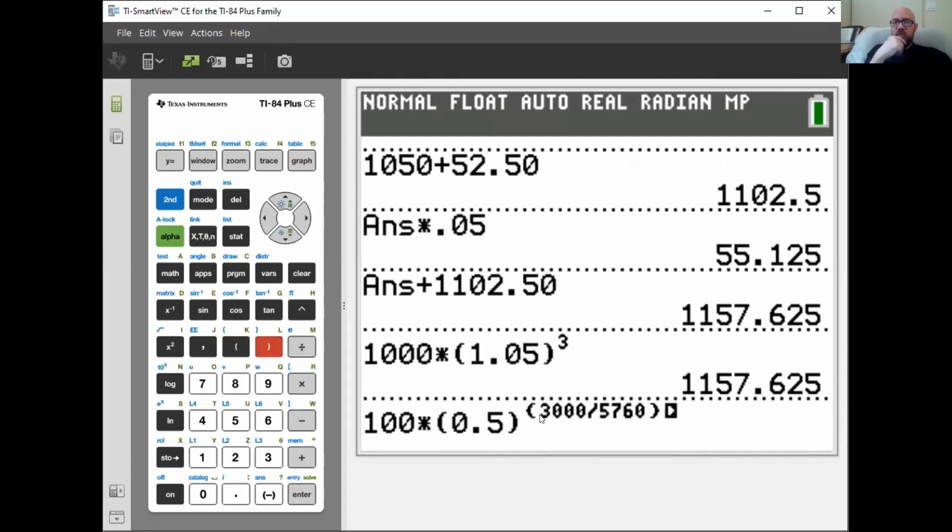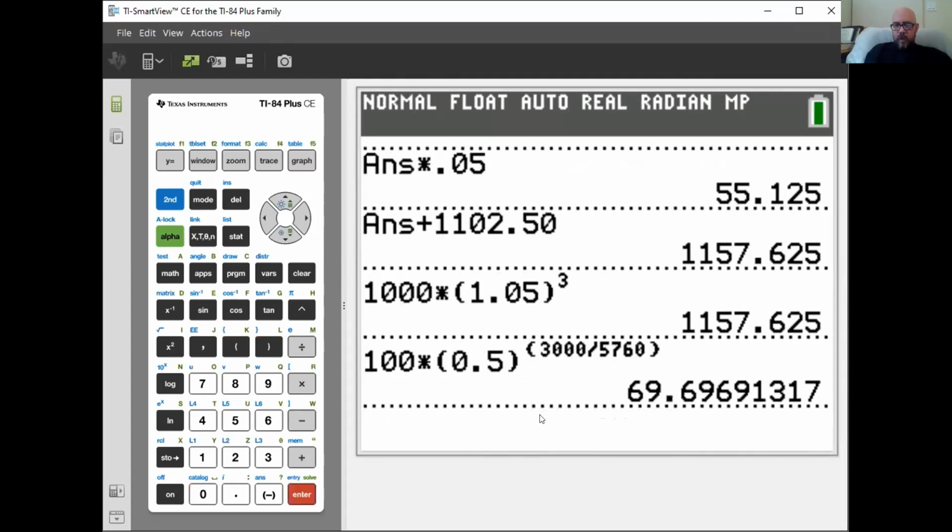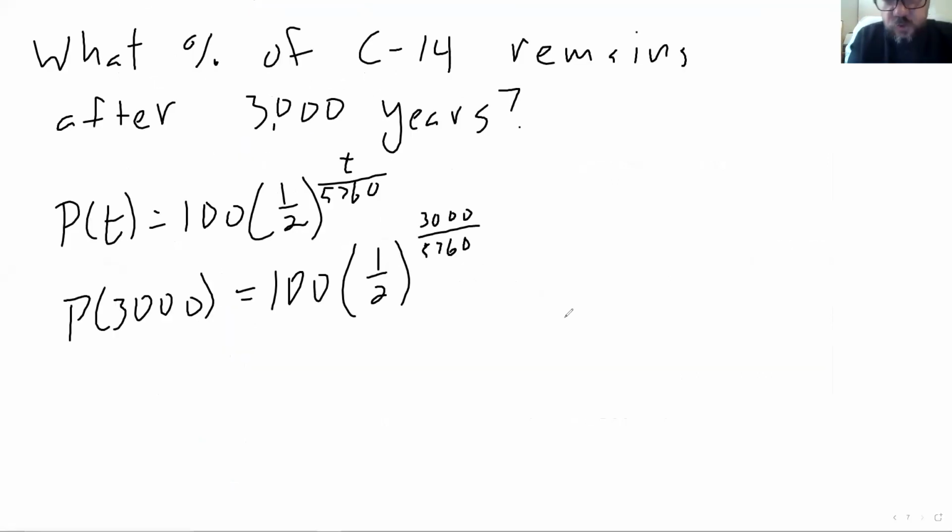And you could certainly find 3,000 over 5760 first and just put it in like that. There we go. 69.7%, let's just say. So whatever it started with, about 69.7% is left after 3,000 years.